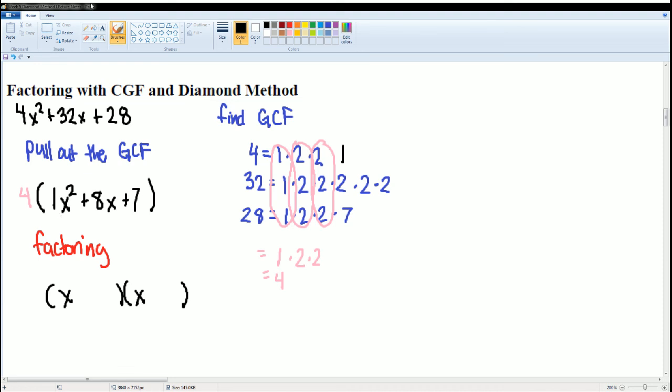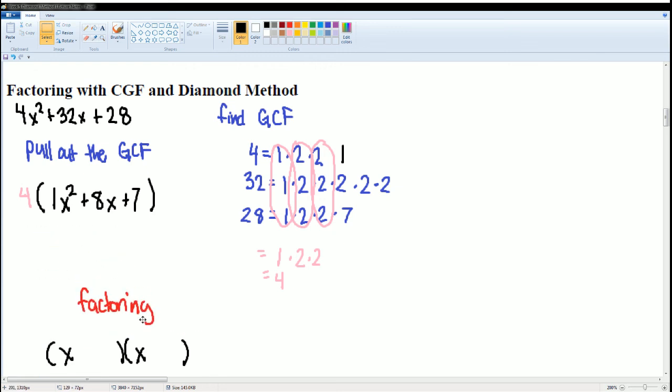All right. So let's take a look. All right. So we are going to factor. And let's see if we can do that. Let's look at what our A term would be. Our A term here is going to be 1. Our B term here is going to be 8.